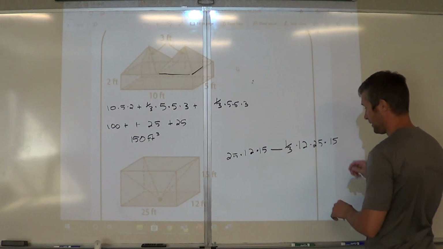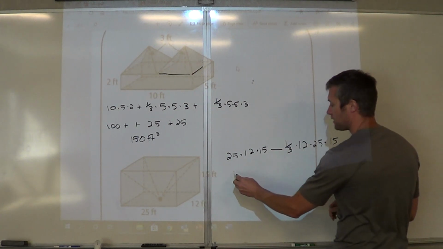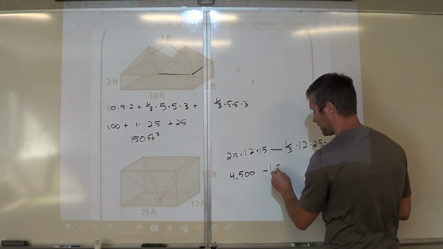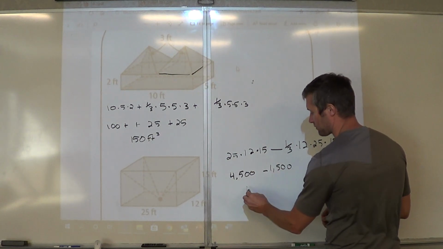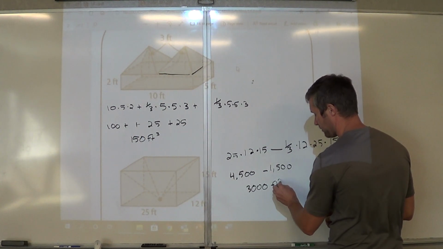And so when we get that, we get that this is 4,500 minus 1,500. Subtract that, and we get 3,000 feet cubed.